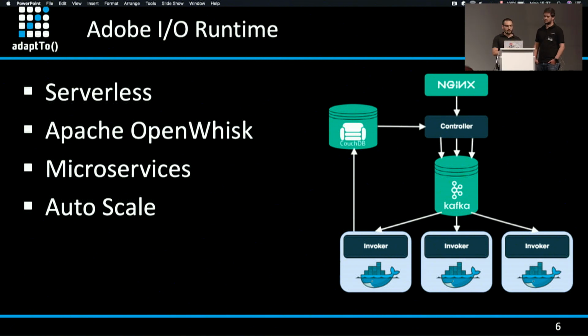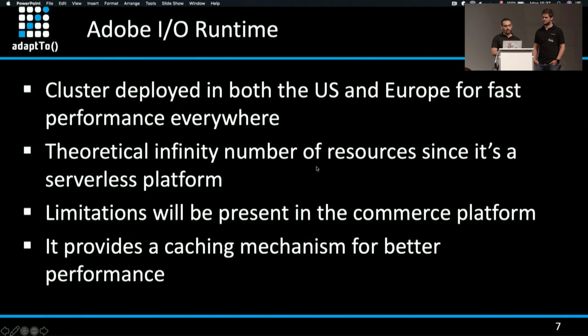In the end, it works based on microservices, and it's going to auto-scale. So in theory, we can have an infinite number of resources. Of course, it's theoretical, because there's always a limitation on the hardware it's running on, but in the end, this should never be a bottleneck.